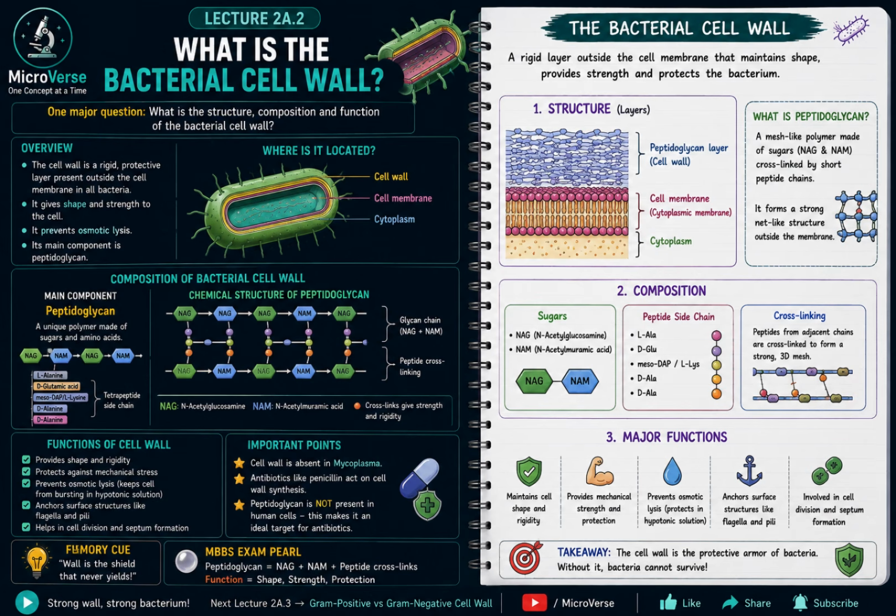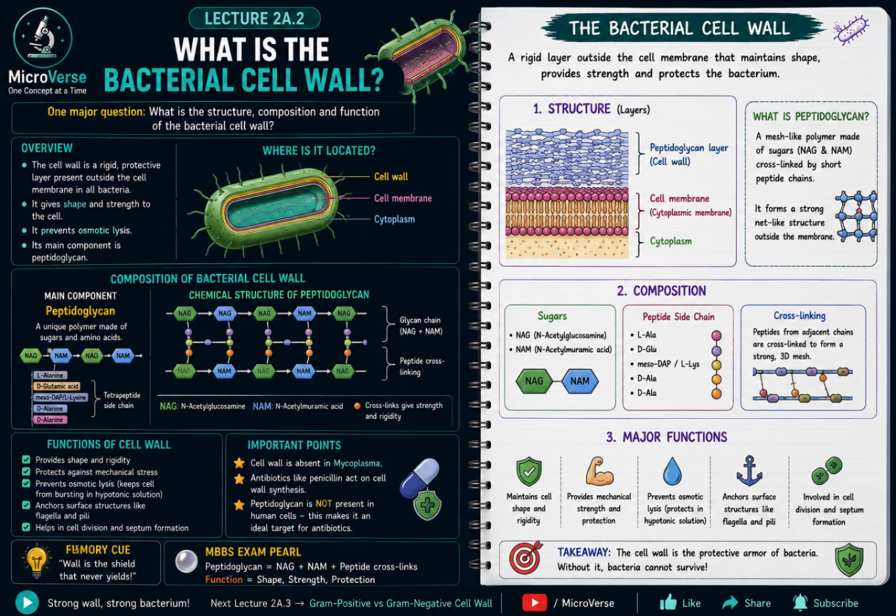So, the bacterial cell wall is not only important for understanding morphology, it is also highly relevant to antimicrobial therapy. So before we finish, remember the classic exception, which is mycoplasma.